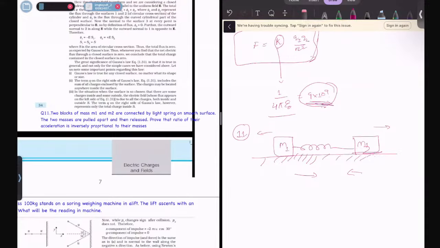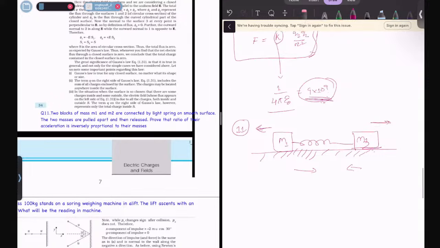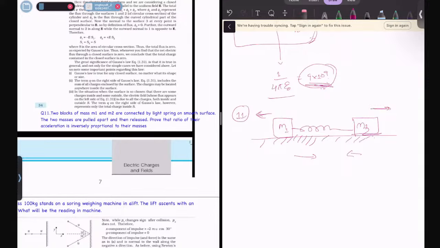So what happened is we gave a force and then released. When we release, M1 will exert some force on M2, and M2 will also exert some force on M1. So let us write F12. F12 is the force applied by M1 on M2.